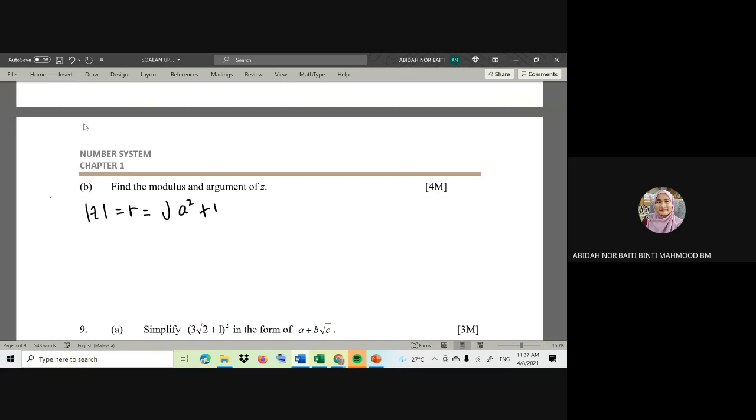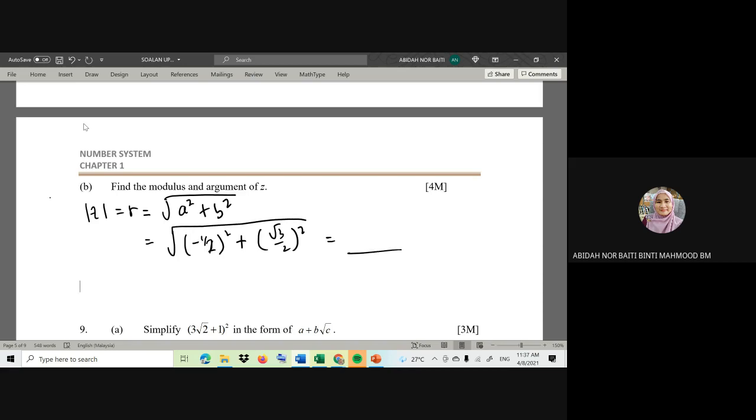A squared plus B squared. Okay? Ambil yang kita dah dapat tadi lah kan? What is your A? What is your real part just now? Negative half. So your imaginary part is root 3 over 2 squared. Okay, so kira lah sendiri ya.